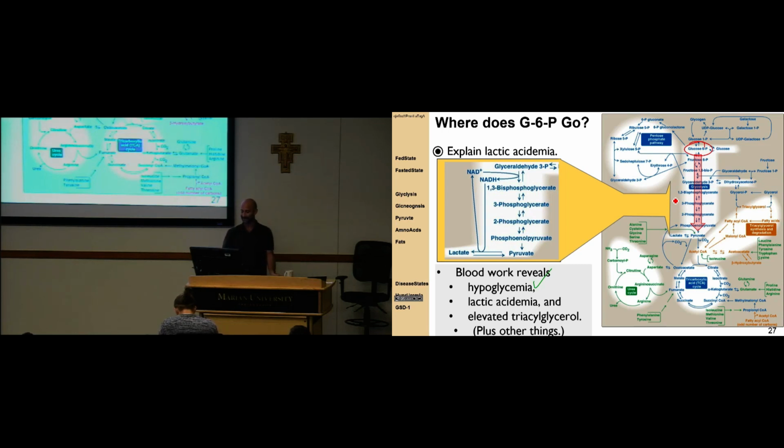You're going down, and when I zoom in on this region, when you go down and get more pyruvate, you go over and get lactate. Okay? And this step is done to regenerate the NAD+. You need NAD+ to keep this process going, and so this is a process to regenerate that from the NADH, okay? And so you end up with lactic acidemia. All right.